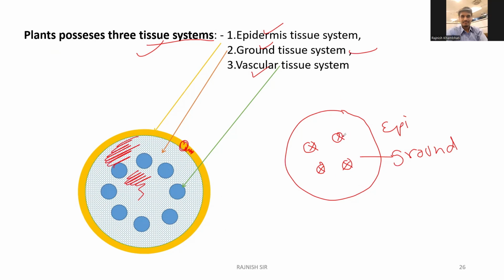Clear? The region present between the vascular bundle and the epidermis is known as ground tissue. Basically, what does it do? It is just filling the gap.